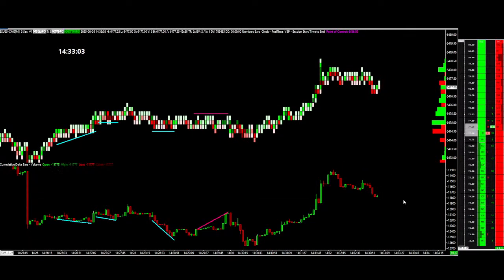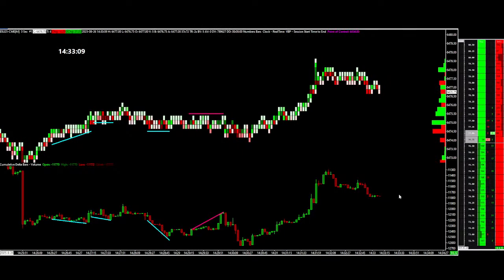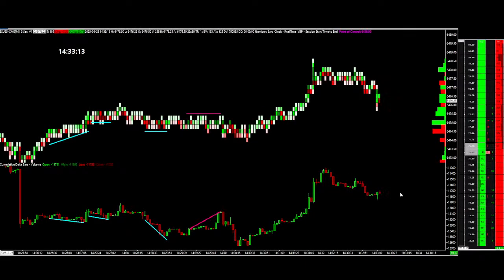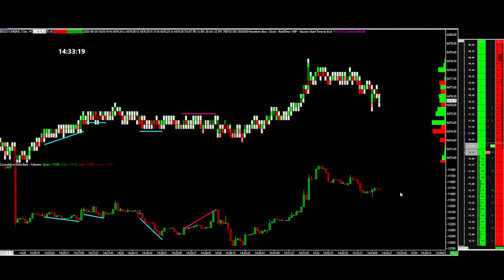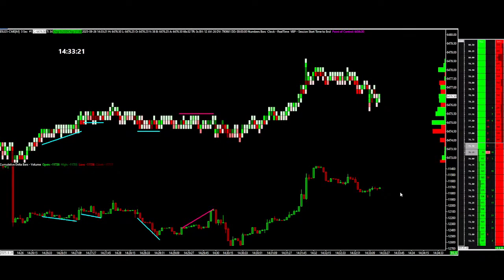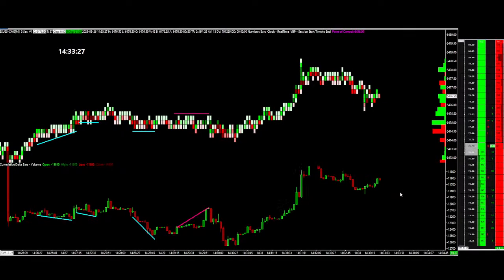Do you see anything? There's sell side. They're putting in sell side right now.